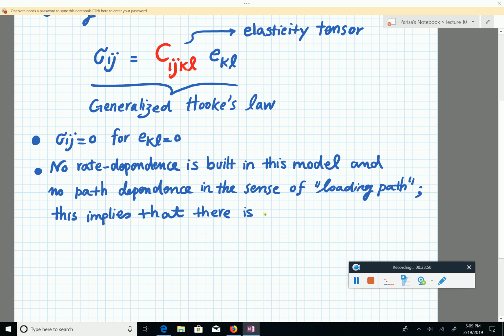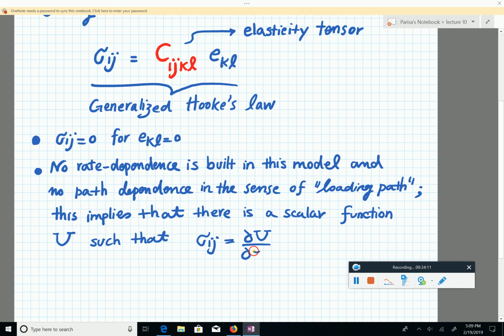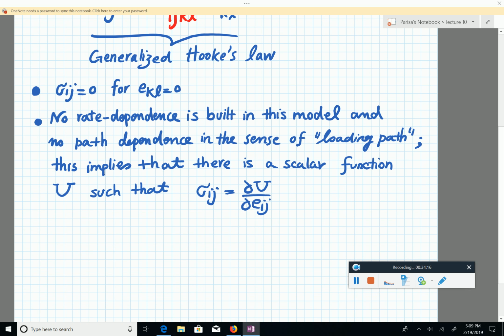So there is a scalar function u such that... We talk more about this scalar function later, but from your previous knowledge, do you know what this function, this mysterious function u, is?